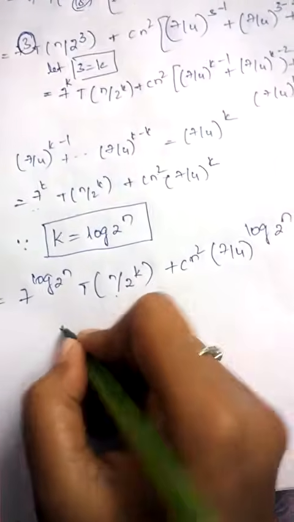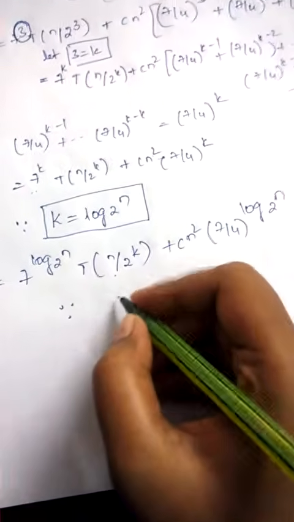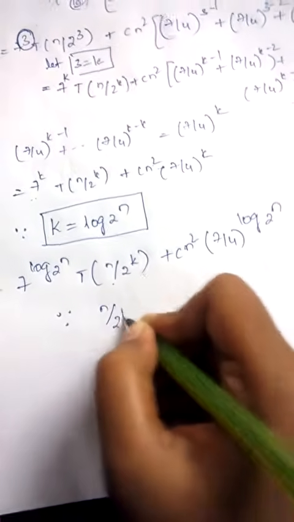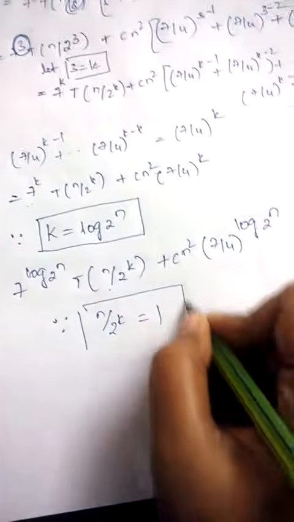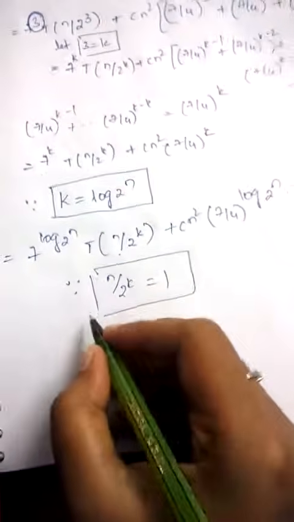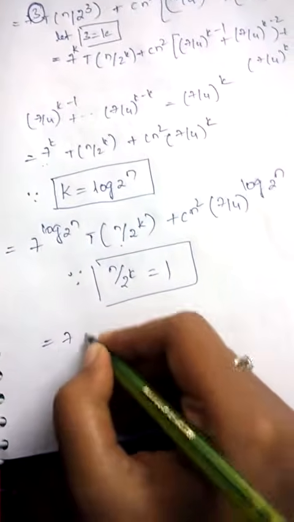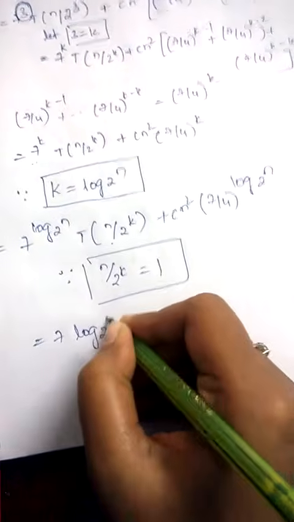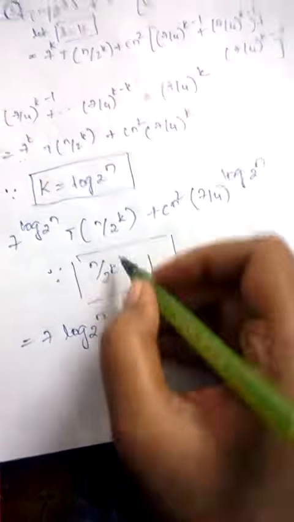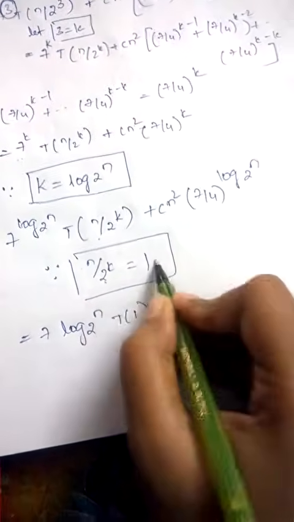Now there is another substitution, which means n by 2 power k value is 1. This is also a formula. Now let's see how: 7 power log n T(1), because n by 2 power k is 1.